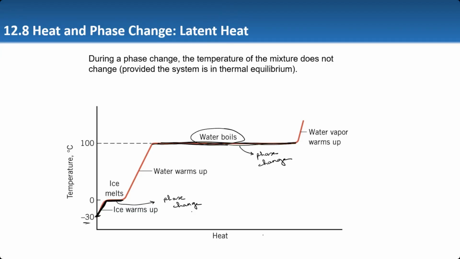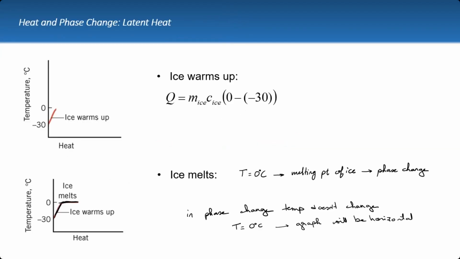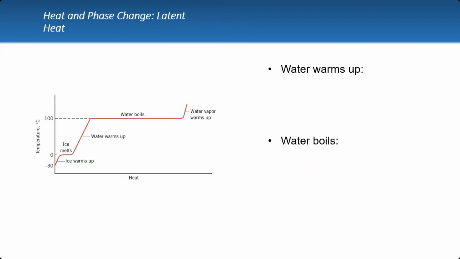So what happened here? We studied the ice warming up to 0 and then melting. All of the ice has melted to water, but I'm keeping it on the stove. So the ice has melted to water, but because I leave it on the stove, the water is gonna warm up as well. So here the water will be warming up.